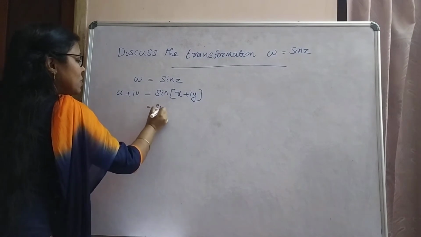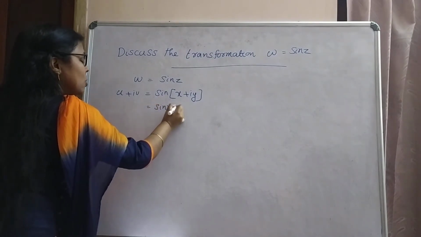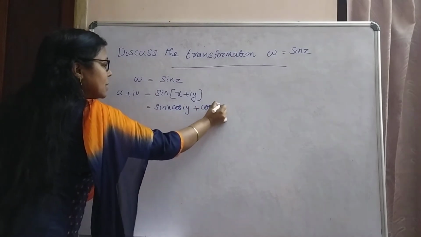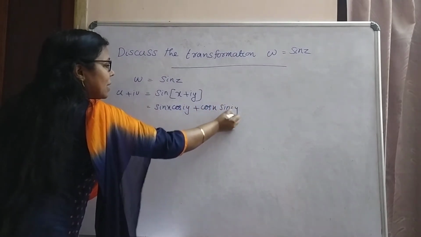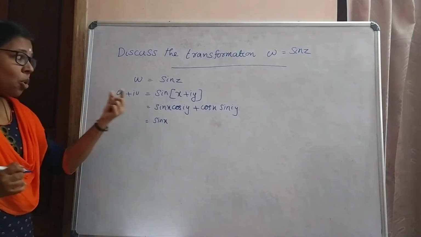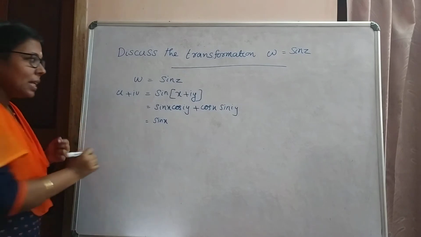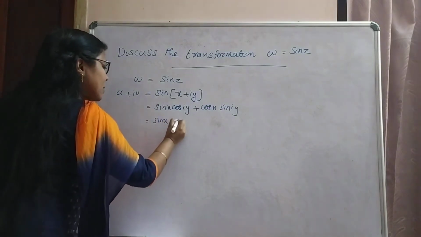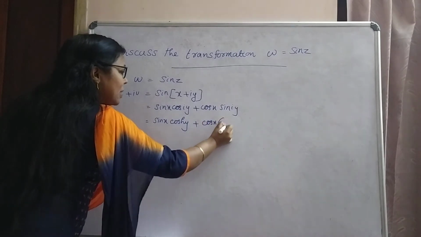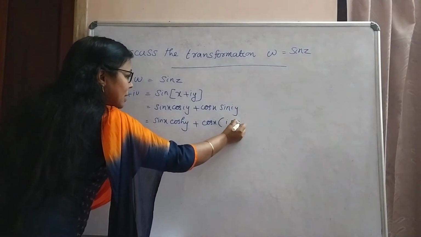It is of the form sin x cos iy plus cos x sin iy equal to sin of x plus iy. What is cos iy? Cos iy is cosh y, plus cos x into sin iy is i sinh y.